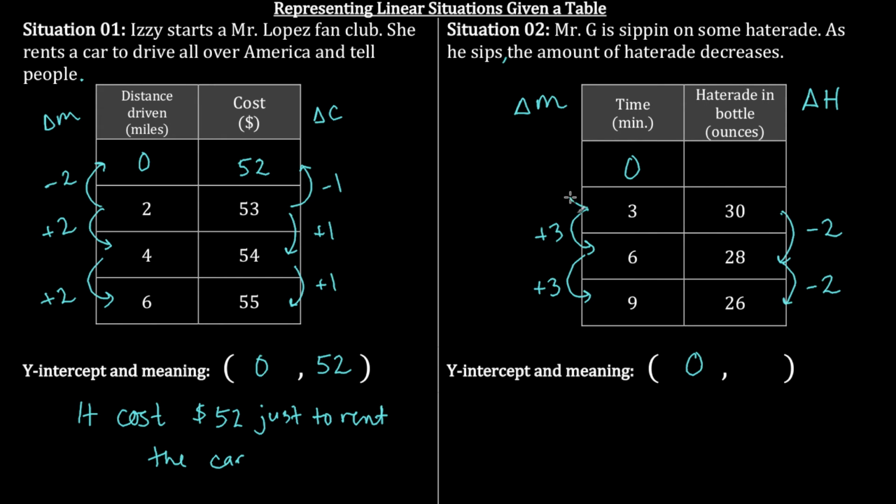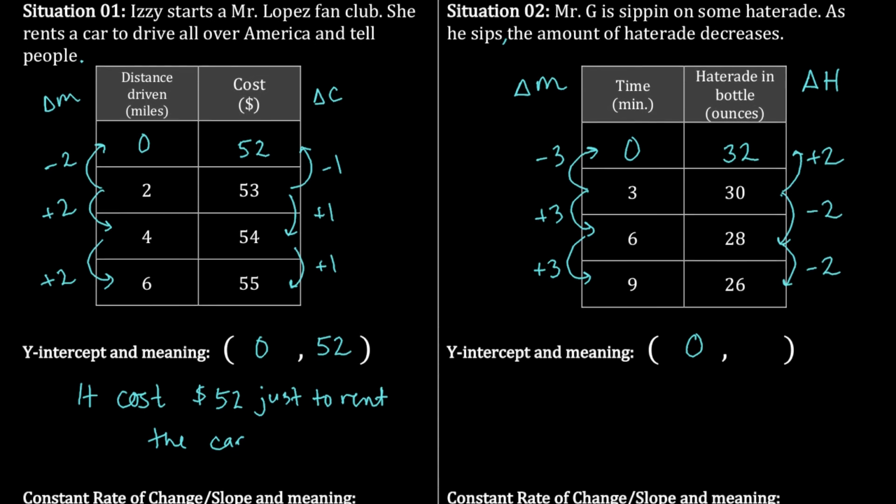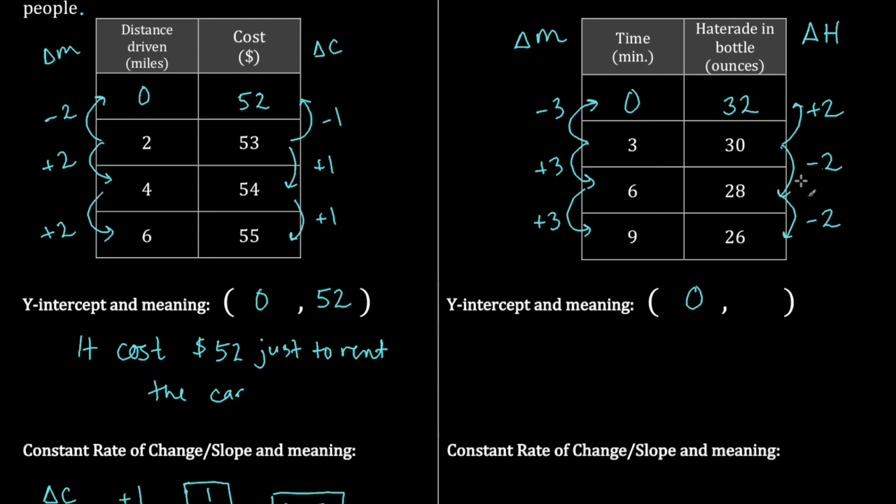So if I go back 3, instead of taking away 2, I need to put it back in. So I get 32. Y-intercept, meaning 0, 32.